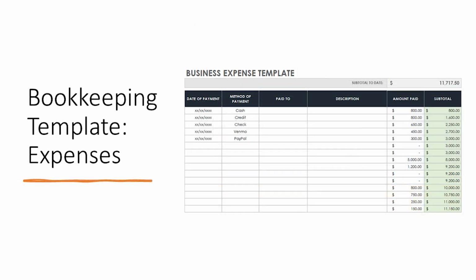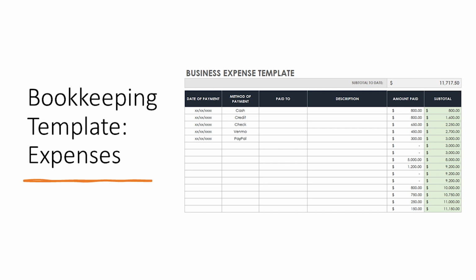Booking expenses. So here, I want to keep track of all of my expenses, and this is a great template for doing that. So I have the date of payment. This is when I made the payment. The method of payment. Did I use cash or credit? Who did I pay it to? You always want to have a description of why this payment was being made.